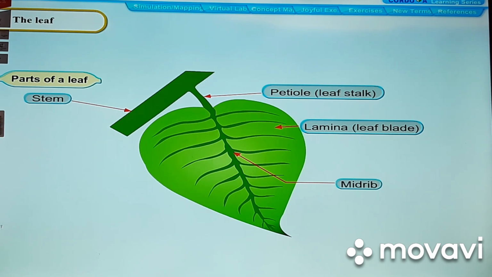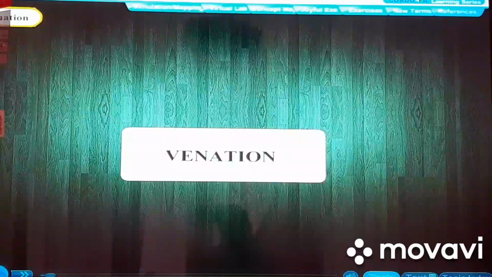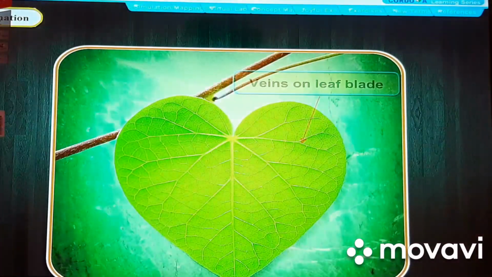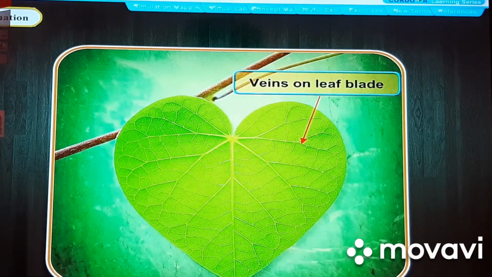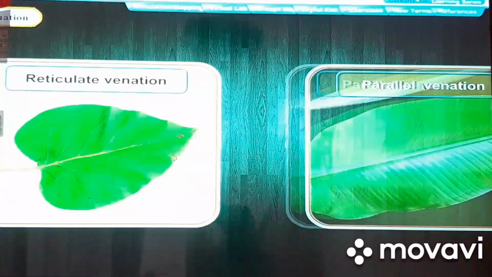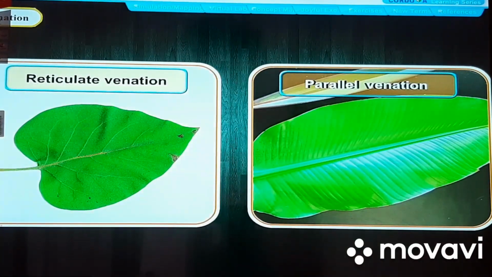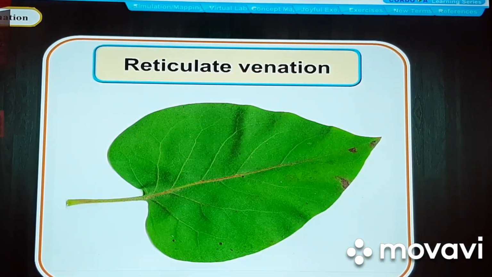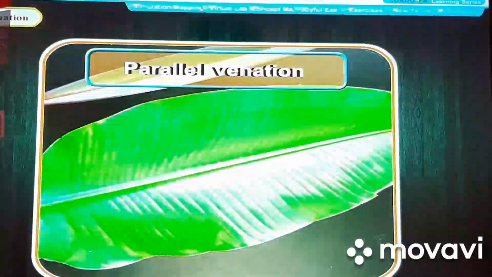The midrib on either side branches out as veins to form a network. The veins transport water, minerals, and food. Venation. The arrangement of veins on leaf blade or lamina is called venation. It is of the following two types: reticulate venation, parallel venation.